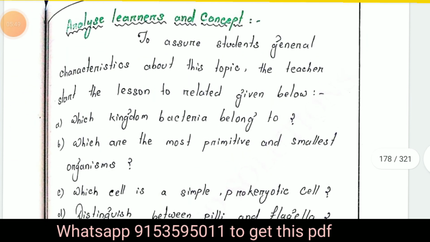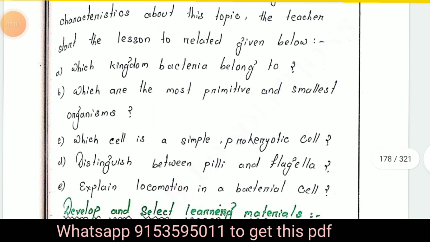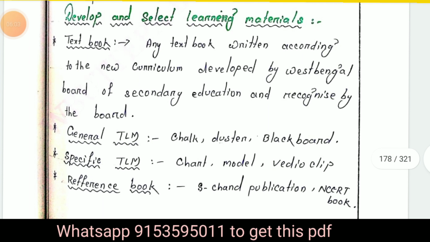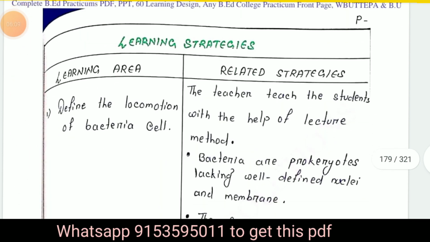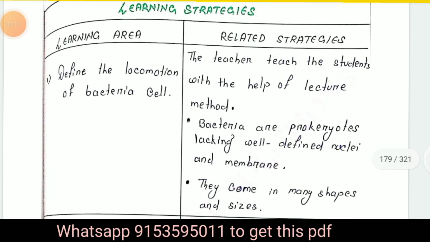Analyze learner and concept to assess students' general characteristics about this topic. Develop and select learning material: textbook, general TLM, specific TLM and some reference books. Learning strategies are two parts: learning area and related strategies.